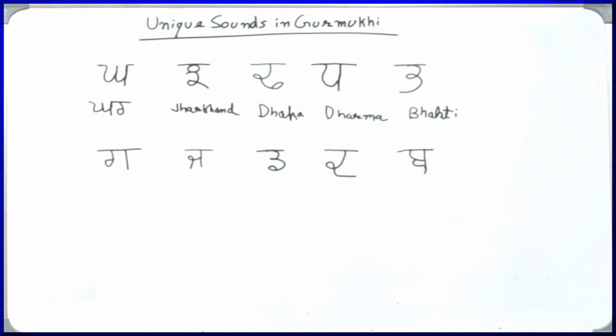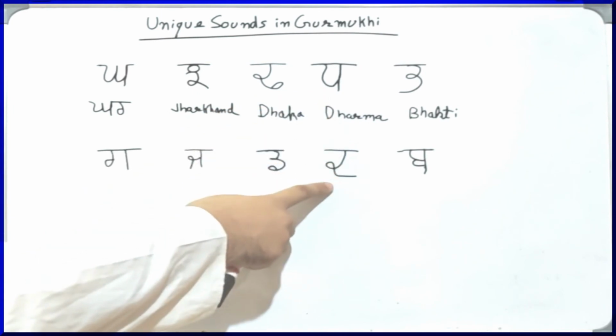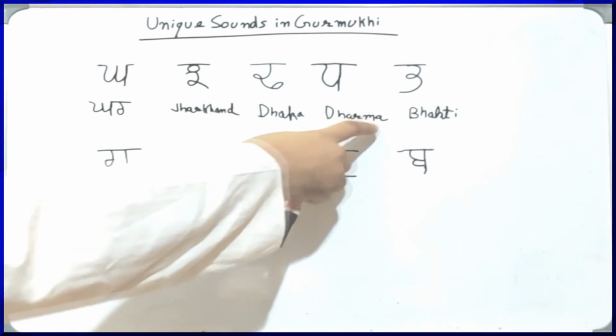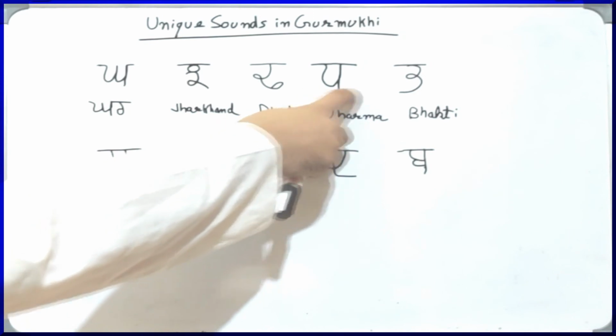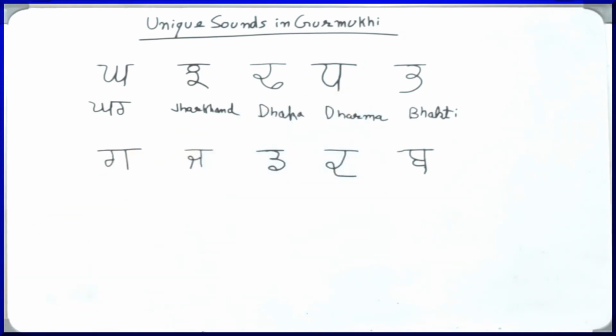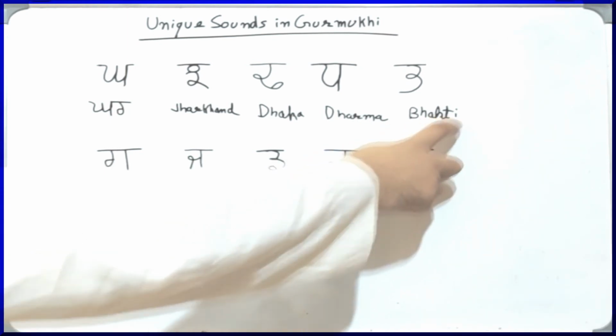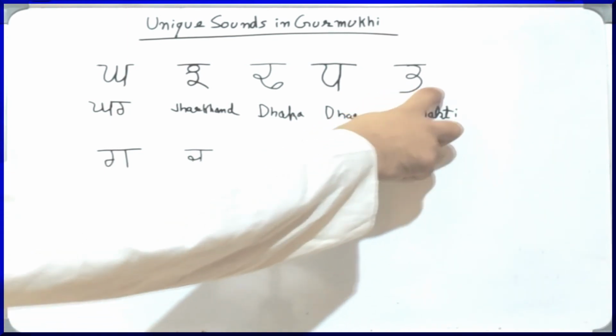Tadda is going to give the sound of T, and Dadda is going to give the sound of Th. And the example here is not Dharma but Tarma or Taram. In Punjabi we say Taram. The last letter is Pabba. Pabba is going to give the sound of P, and Babba is going to give the sound of B. The example here is not Bhakti but Pagti.